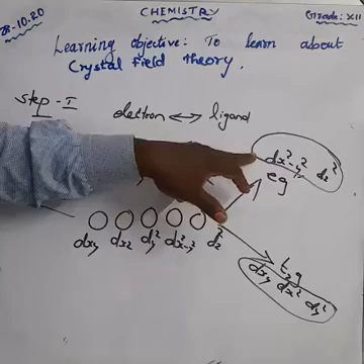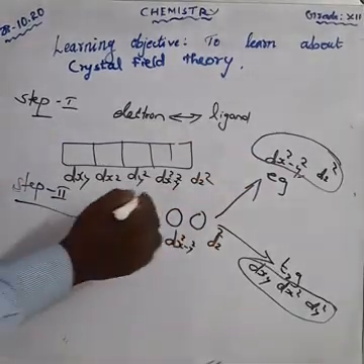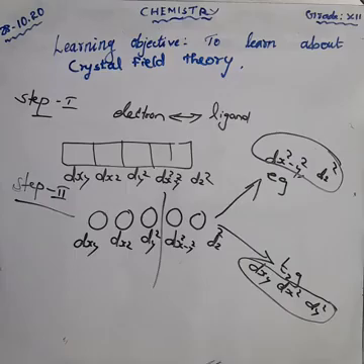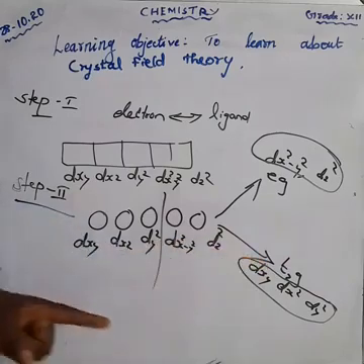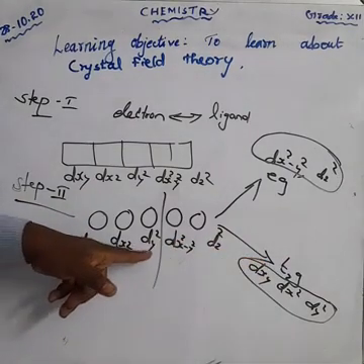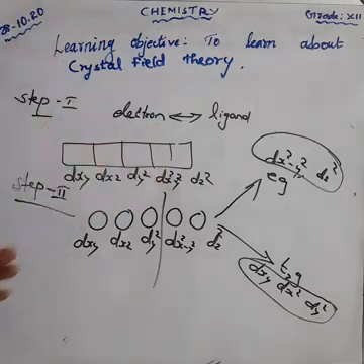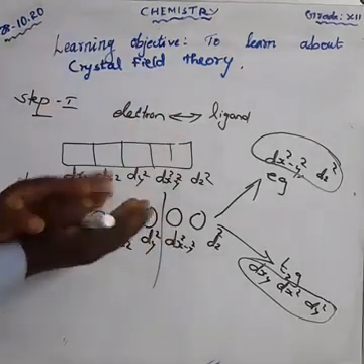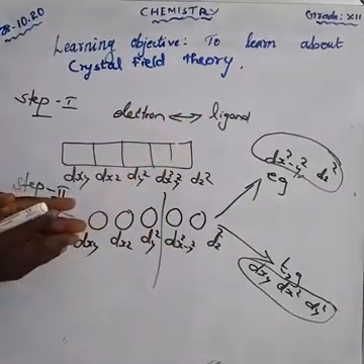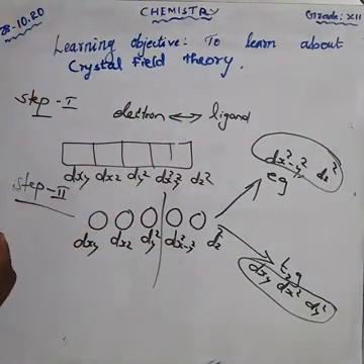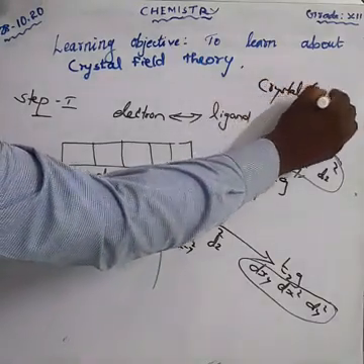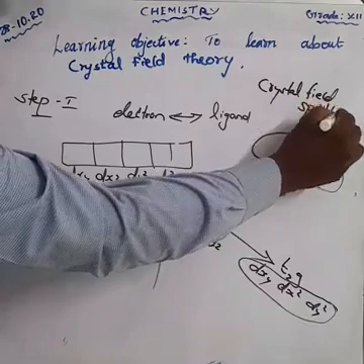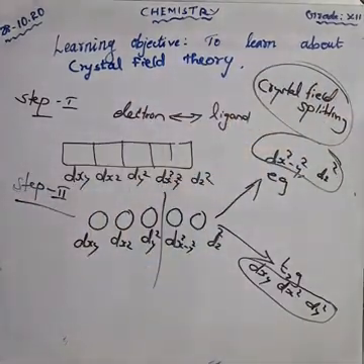Doubly means dx square minus y square and dz square are the examples for the Eg, and dxy, dxz and dyz are for the T2g. This splitting process is called crystal field splitting.